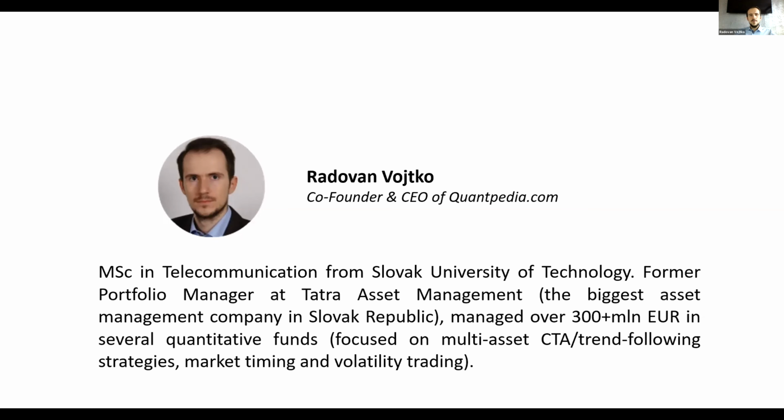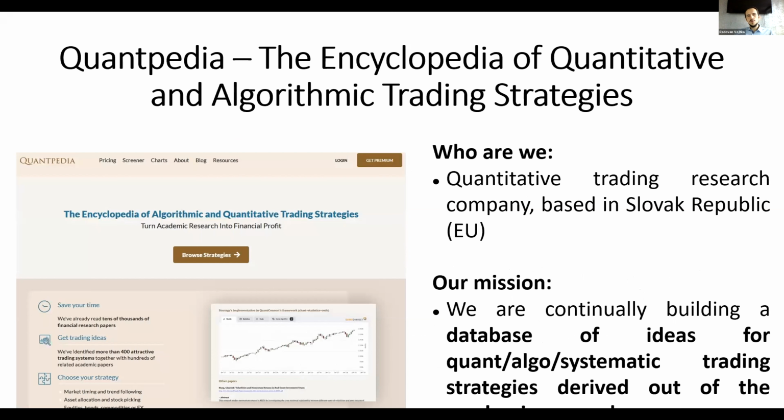And what's Quantpedia? Now let me tell you a few words about Quantpedia. It will be very fast, and then we will move to the main part of the presentation. Quantpedia has existed since 2011, and I've been CEO since 2015. We are a quant research company.